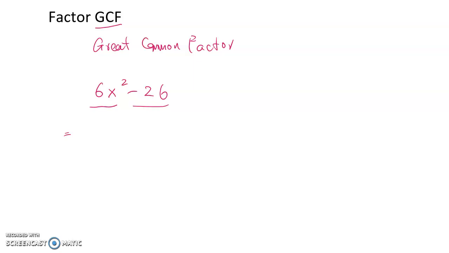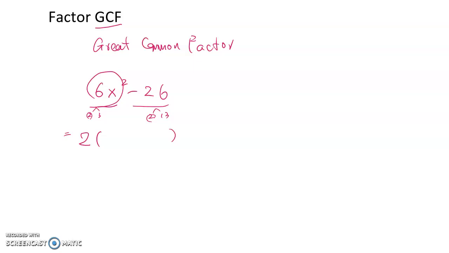For 6, that's 2 times 3, right? For 26, that's 2 times 13. I think 2 is the only common factor they have. That's the greatest common factor between those two terms. I'm going to factor out that 2. And now the rest I'm going to put in the parentheses. So each original term divided by 2 will go into the parentheses.